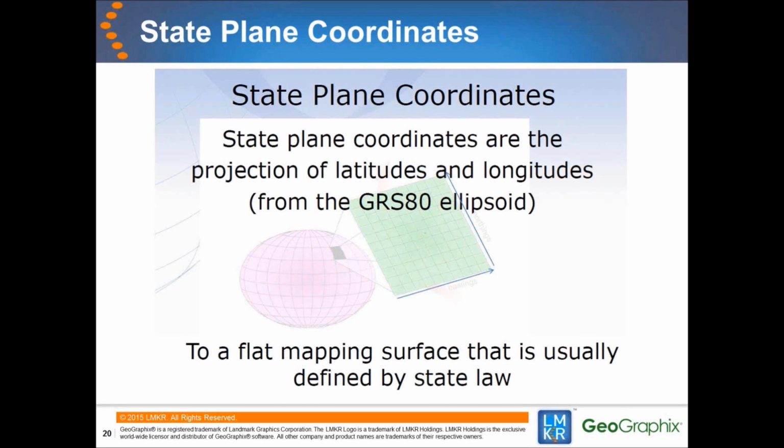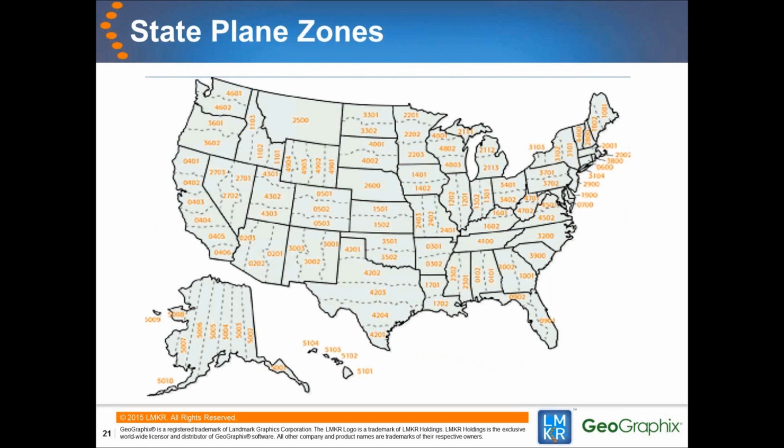State plane coordinates are also commonly used to make maps. State plane coordinates are the projection of latitudes and longitudes from the GRS 80 ellipsoid. Remember, that's an ellipsoid, a datum, to a flat mapping surface that is usually defined by state law. Now, these are the state plane zones. And you'll notice here that in Colorado, where I am, that would be the 501 state plane zone.